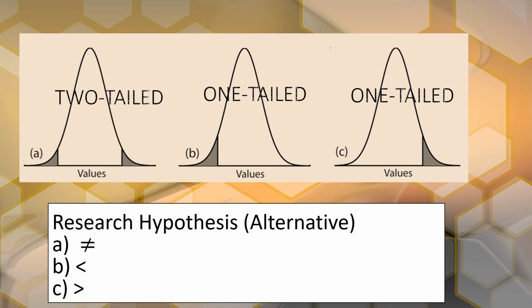If it's a less than hypothesis, then wherever that z statistic is, we would shade to the left. If it's a greater than hypothesis, then we would put a line where the z statistic or t statistic is and shade to the right.